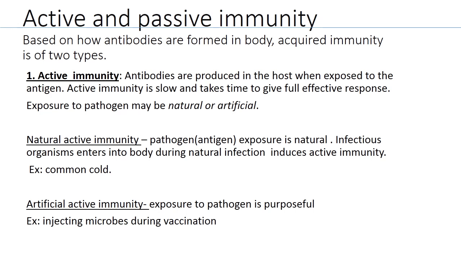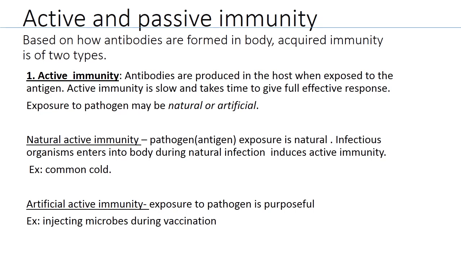Because of the natural exposure, our immune system will be activated and it will produce antibodies. That is called natural active immunity. You can take any example of an infectious disorder, like common cold, pneumonia or typhoid. In all these cases, the kind of immunity that develops is natural active immunity.